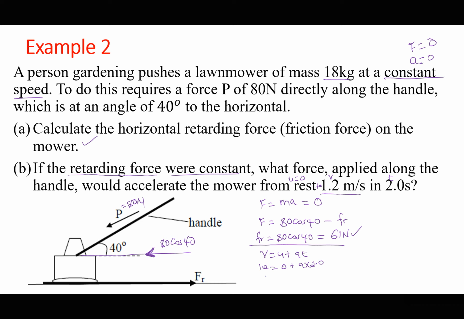So the acceleration is going to be 1.2 divided by 2, which is equal to 0.6 meters per second squared. So that is the acceleration in that case. Remember, I'm answering part B. This was part A. And the question is, what force applied along the handle? The force is applied along the handle.